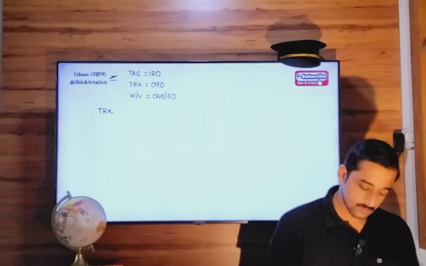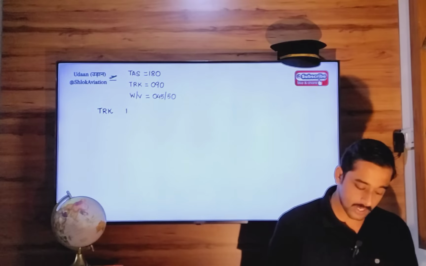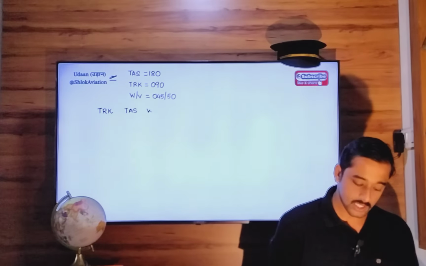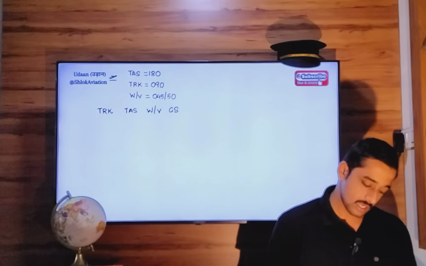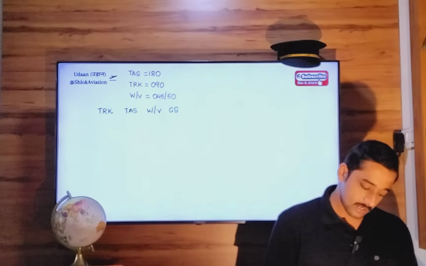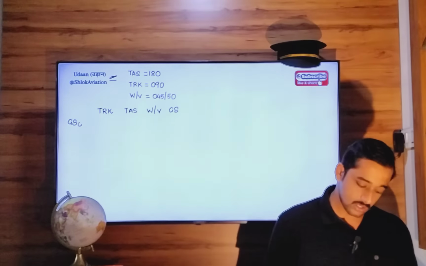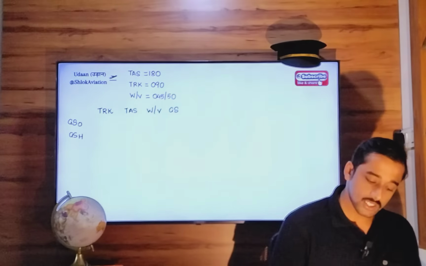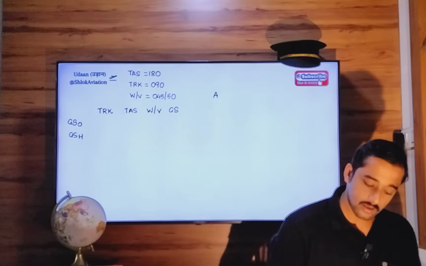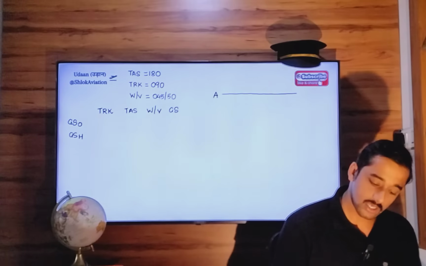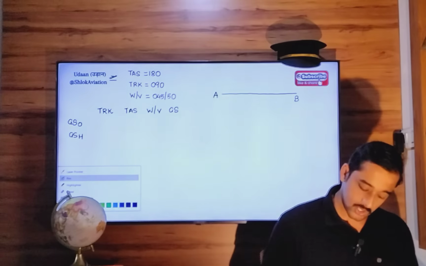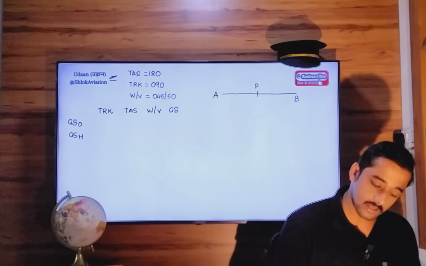So the first column, track column, task column, wind velocity and ground speed. So you first write your outbound ground speed, homebound ground speed. So this is your point A, departure point. This is your destination B. Between them lies your PNR, point of no return.